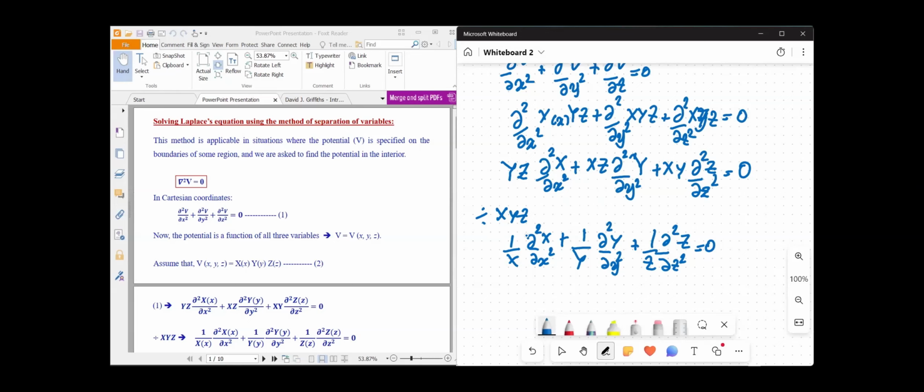If we look here, X is a function of variable x, Y is a function of variable y, and Z is a function of variable z. So this part is only going to be dependent on x, this part only on y, and here only dependent on z.